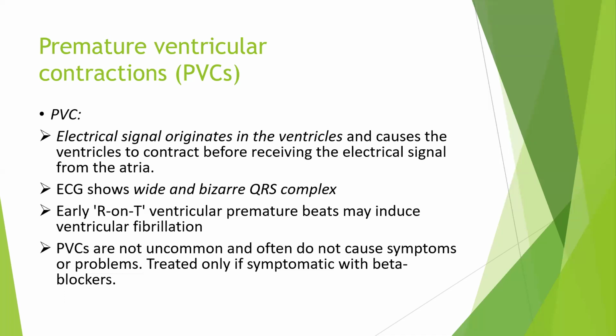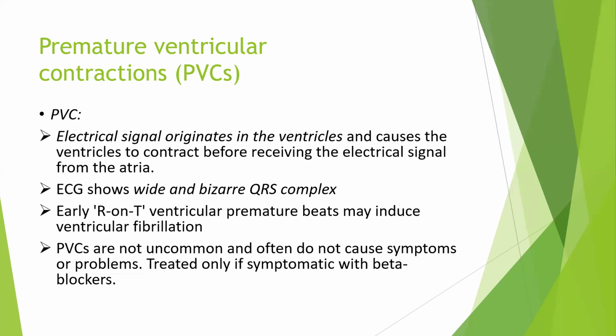So before the ventricles receive electrical stimulation from the atria, there's a premature stimulation originating from the ventricles. The ECG will show wide bizarre QRS complexes because the ventricles are responding to their intrinsic electrical stimulation, not the stimulation from the atria.